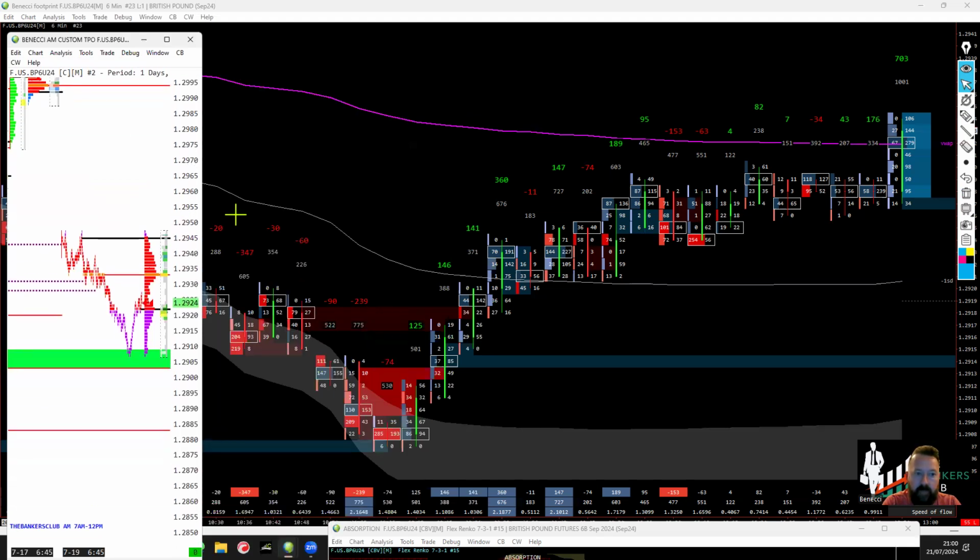Pull this up here. So this area here, which is our demand zone where we're looking for an area of interest, is down here. And it's very straightforward looking at this. Hopefully you can see straight away we had these red numbers, which is heavy sell side delta. That means, in a nutshell, that sellers are in control.